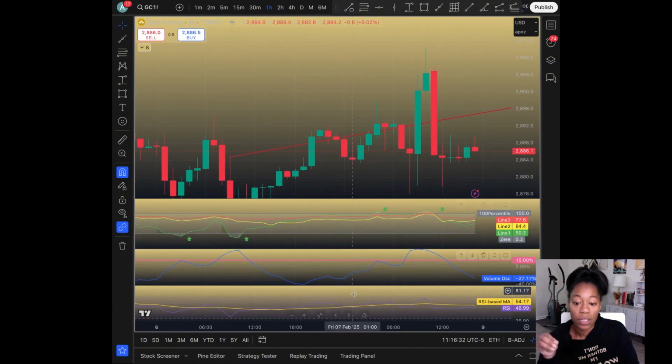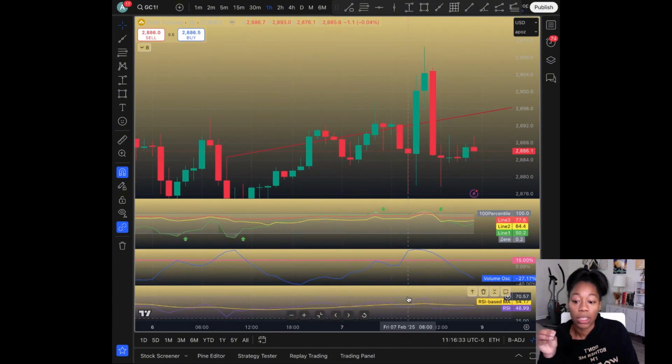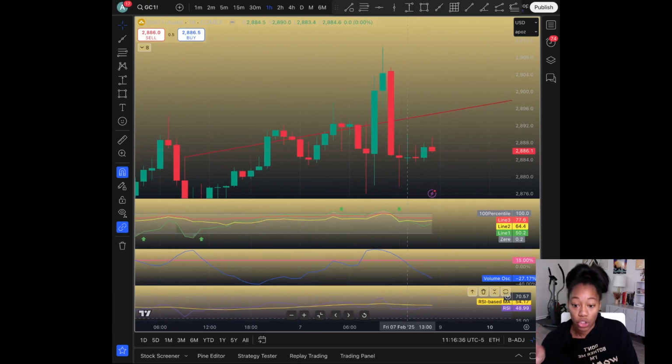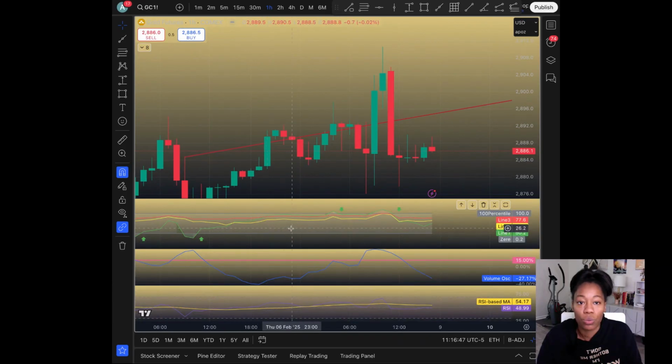Now, I have three different indicators that help me know when to enter a trade, when to get out of a trade. Now, these are all custom. So you can either develop them, you can buy them, you can join a community and you can share them. But this right here is a custom indicator that my partner built and or he helped build.